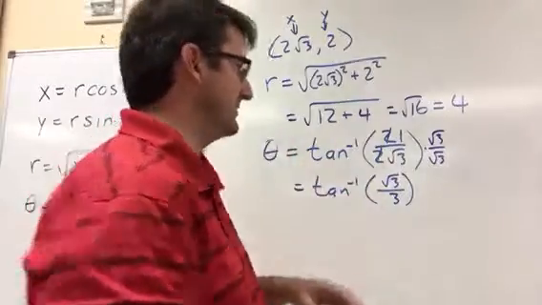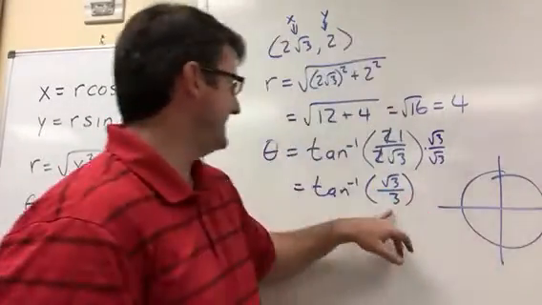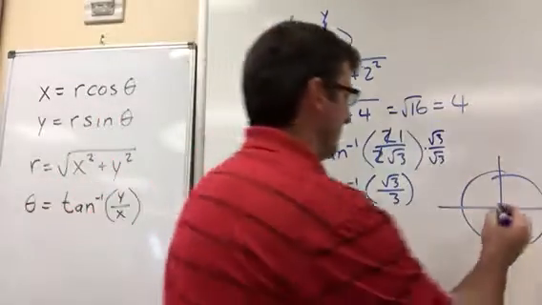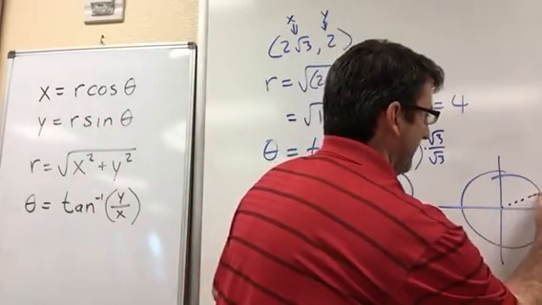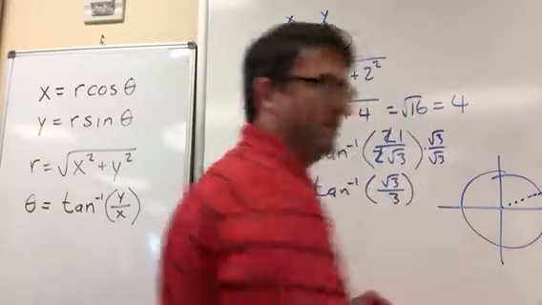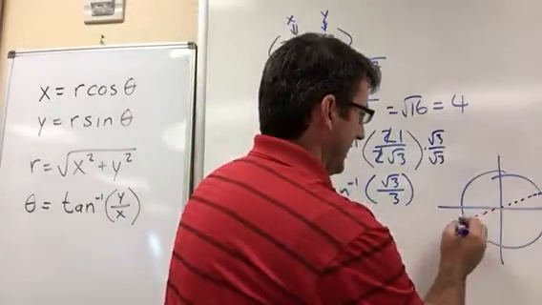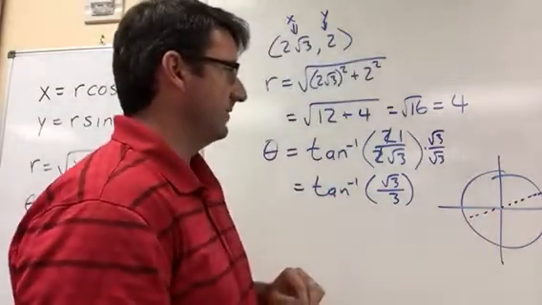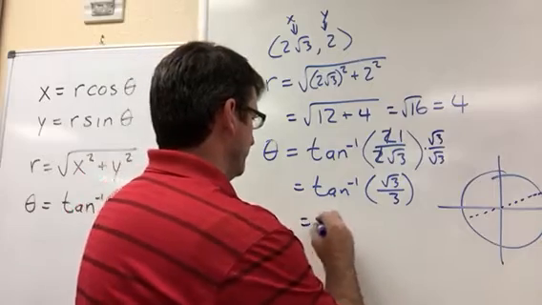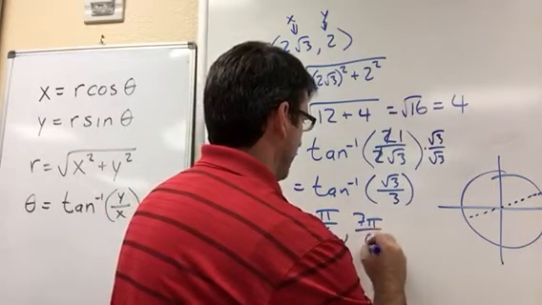And then if we go to our unit circle, you'll notice that tangent is equal to square root of 3 over 3 out here at pi over 6 and back here at 7 pi over 6. So this is equal to pi over 6 or 7 pi over 6.